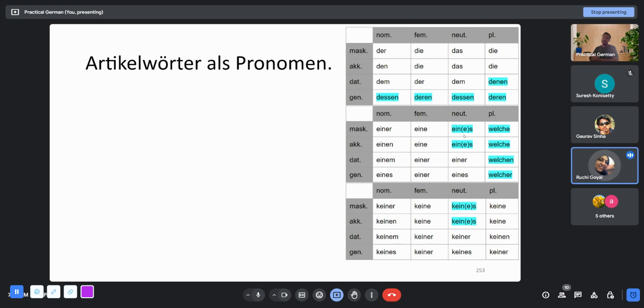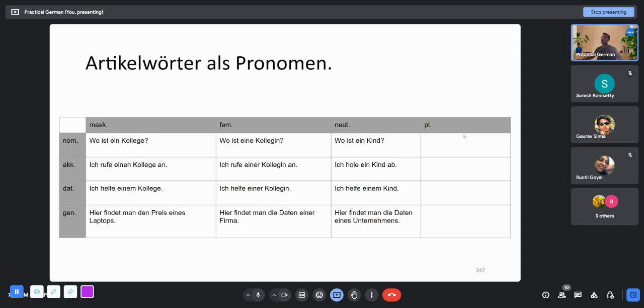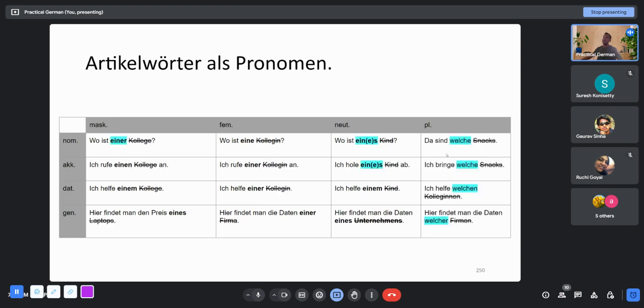I didn't understand why you should have that in plural: welche, welchen, welcher. Let's say, for example, normally you'll say "Das ist Snacks." Now we have to use a pronoun over here, right? You say "Das sind welche."